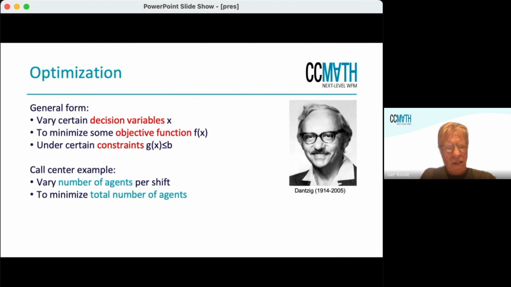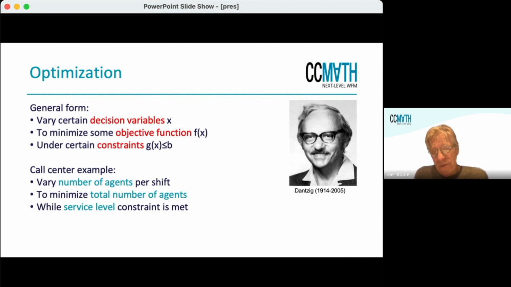So here we're simply going to minimize the total number of agents, and we do want the service level constraint, the 80/20 that we used in the Erlang, to be met. So we want to stick to the number that was in the end the gross staffing number, to make sure that we have sufficient agents.